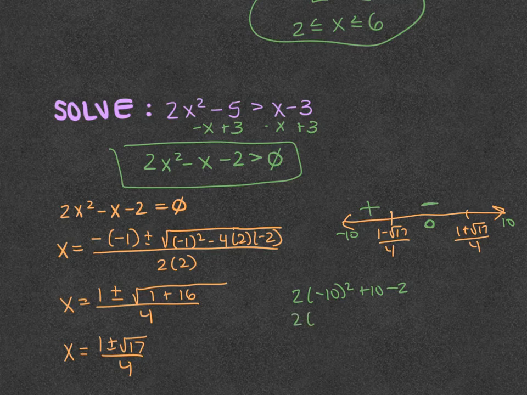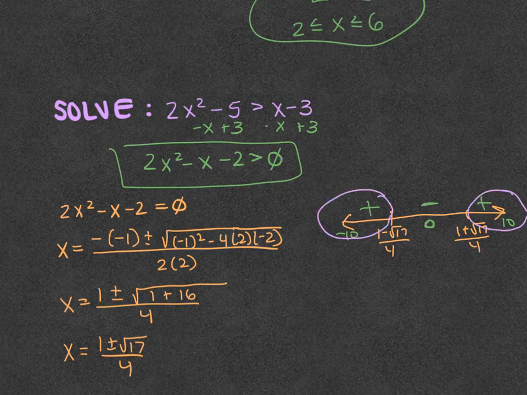And if I plug in positive 10, that's still going to be like 200 minus 10 minus 2, so positive. So when I'm looking at when my equation is greater than 0, that's going to happen when it's positive. So I'm looking at this section and this section.